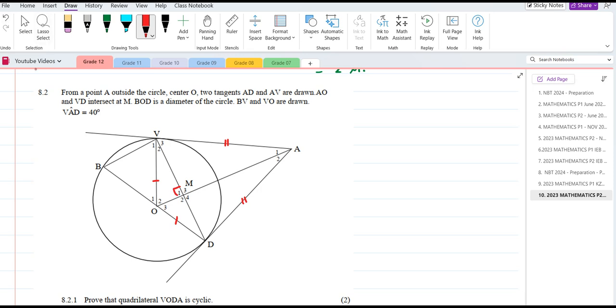AD and AV are drawn. AO and VD intersect at M. BOD is a diameter. So we know this entire angle V1 and V2 is 90 because the angle's in a semicircle. This is diagonals of kite. That's the reason why that is 90.